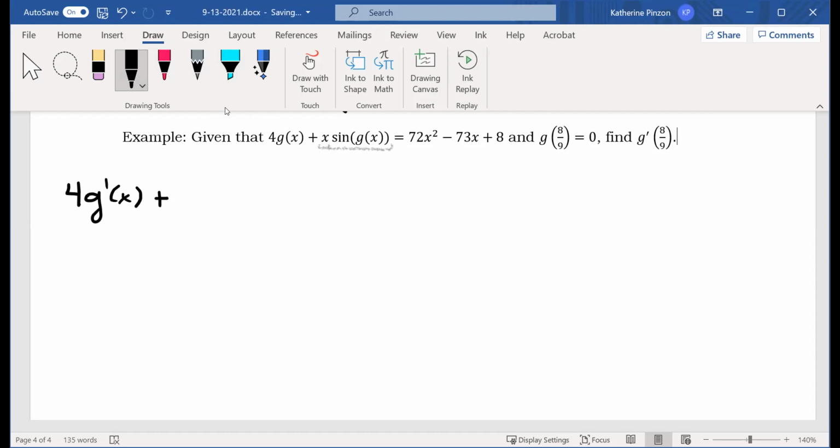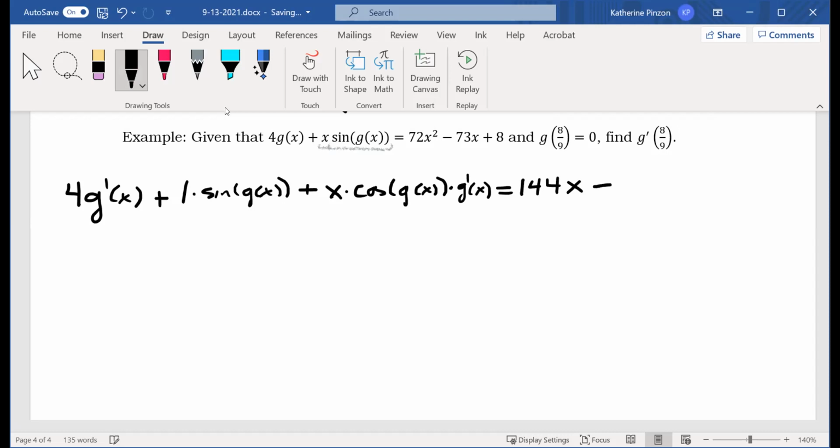Derivative of x is 1, times sine of g of x, plus x times the derivative of sine of something, which is cosine of something times dy/dx, or g prime of x, equals 72 times 2, 144x minus 73 plus 0.